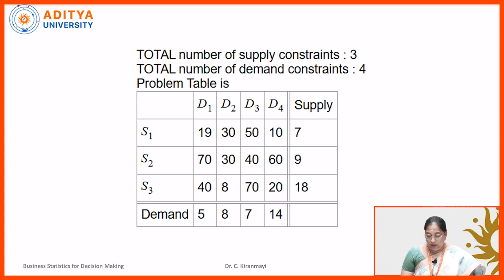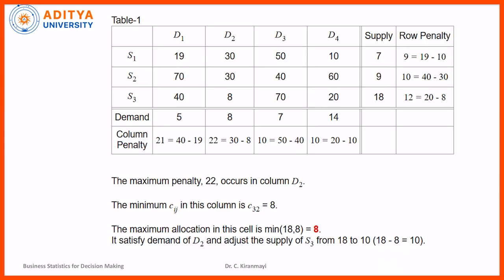Now, using Vogel's approximation method, we find penalties for each column and each row. Let me tell you how to find these penalties. We start row wise. Let us consider the first row. In the first row, the least cost is 10 and the next least cost is 19.